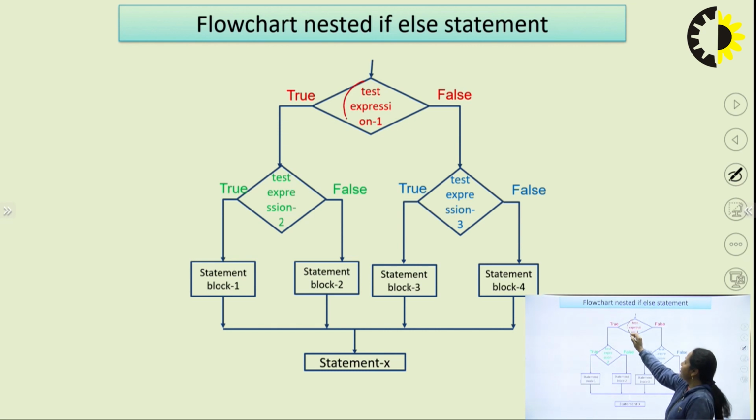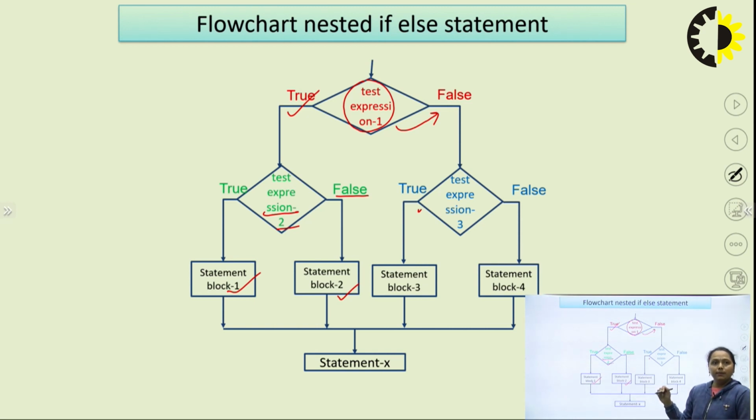Okay, if test expression 1 is true, what will execute? It will again check the test expression 2. Now, if this test expression 2 is true, statement 1 will execute. If this is false, statement 2 will execute. But if expression 1 is false, in that particular case, else part will be executed. And what does else part say?